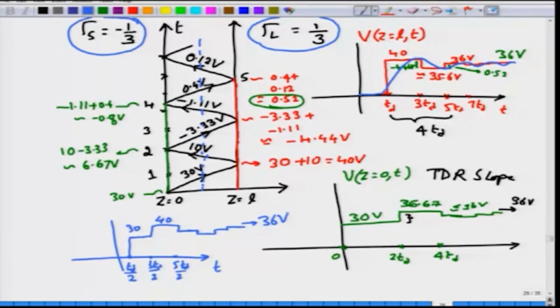So, after you have let the connection remain as it is, without changing the voltages at any point, what you would have seen is that after about 5 or 6 times the propagation delay Td, the voltage at the load will be about 36 volts, which is the asymptotic value that you are going to find, the steady state value.